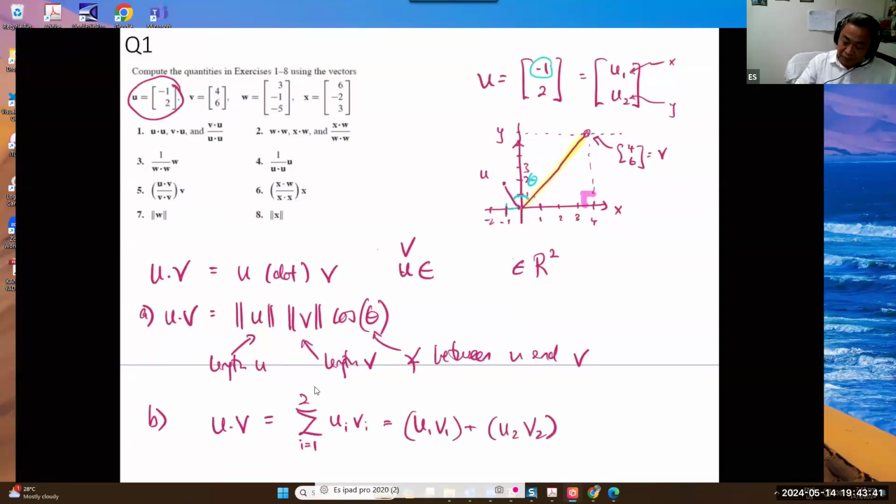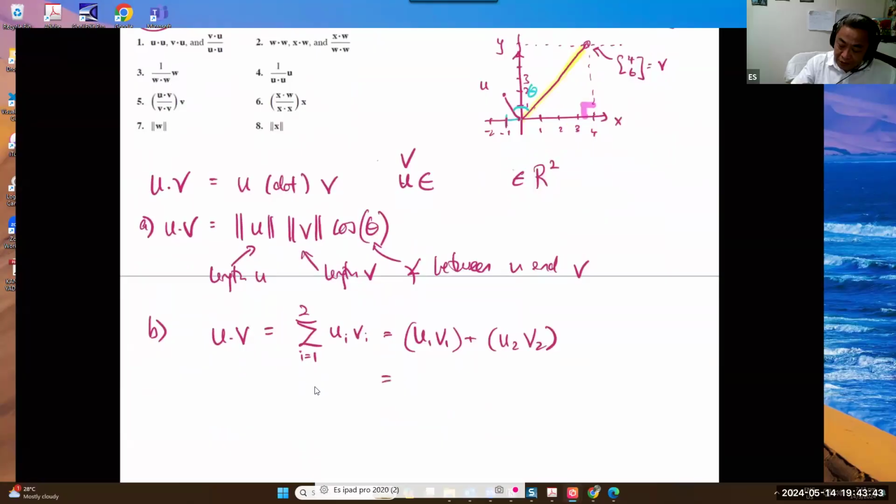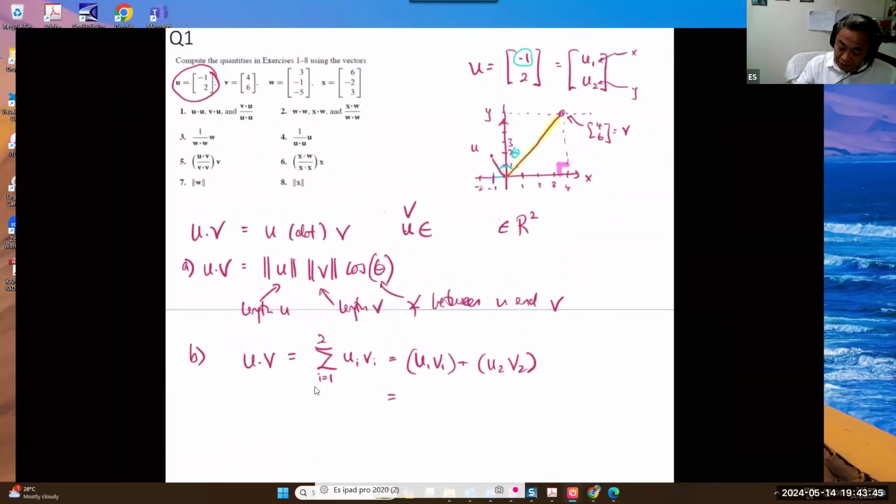So in fact this is very easy to calculate. What is u1? u1 is minus 1. What is v1? v1 is 4, plus what is u2? 2. And then what is v2? 6. And the answer is minus 4 plus 12 equals 8.